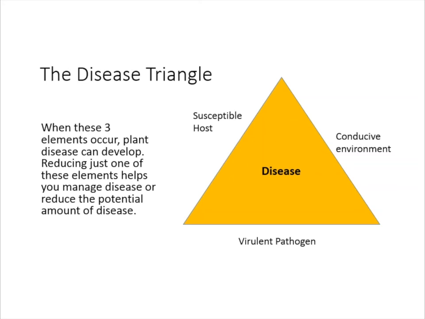So for example, Jared gave the idea that if you reduce overhead irrigation, you will significantly decrease your conducive environment. So, here's a smaller triangle with less disease. And then if you switch to a host crop that's less susceptible or has better genetic resistance, you're reducing your disease again.